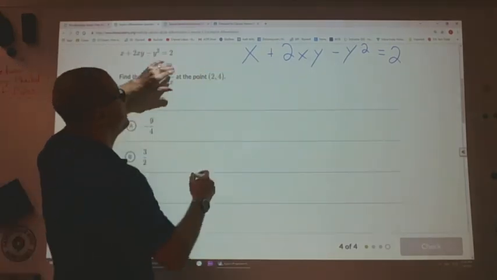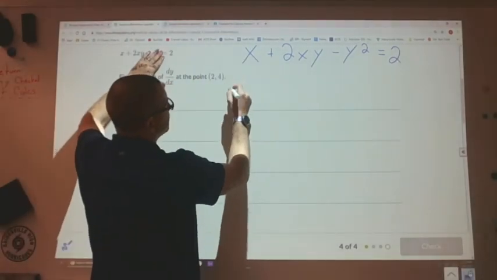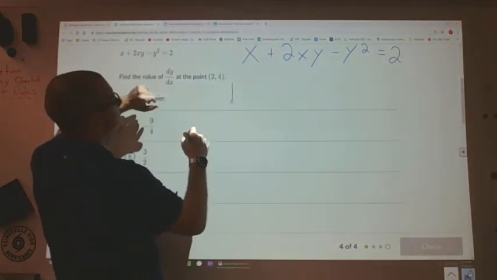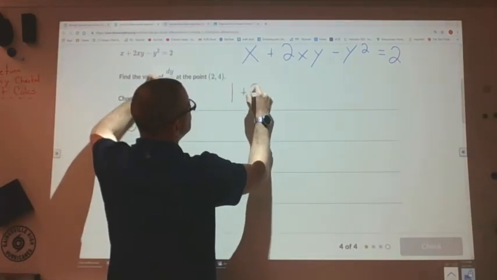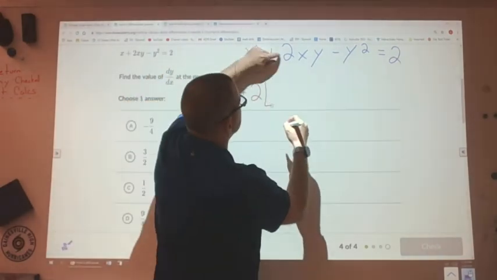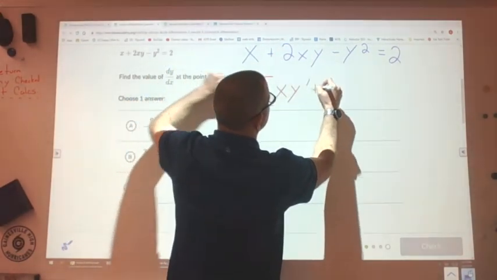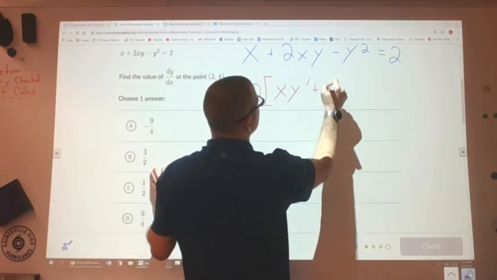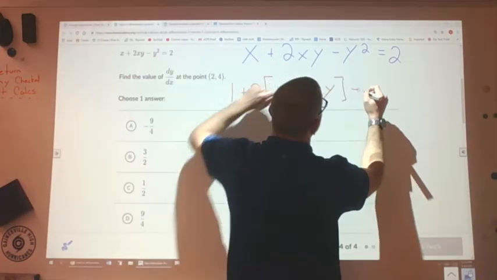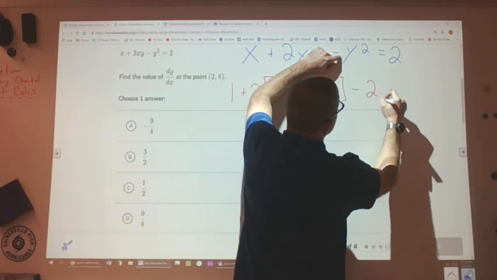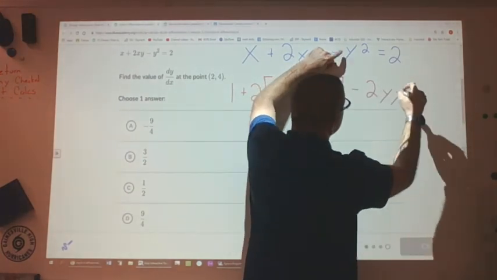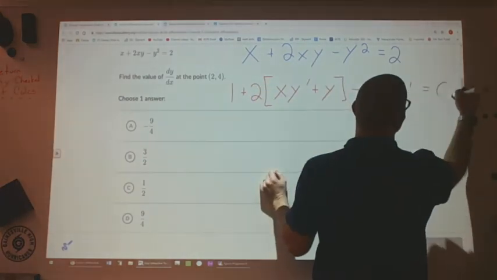But taking the derivative, as we move down, the derivative of x is 1 plus 2. We're going to break that up. Product rule, so 1 d 2xy prime plus 2 d 1, which is just y, minus this 2y y prime is equal to 0.